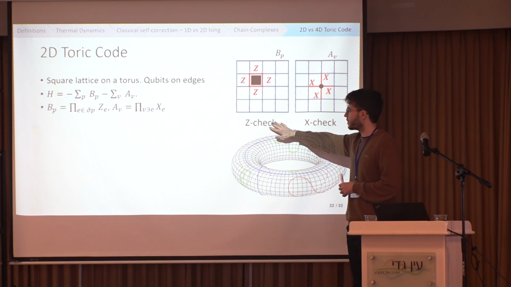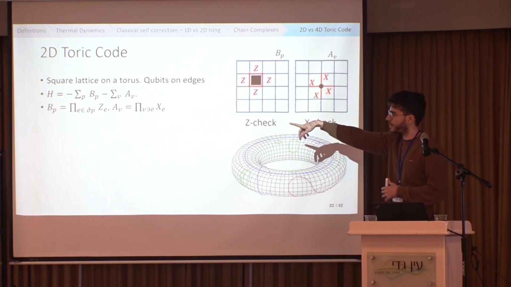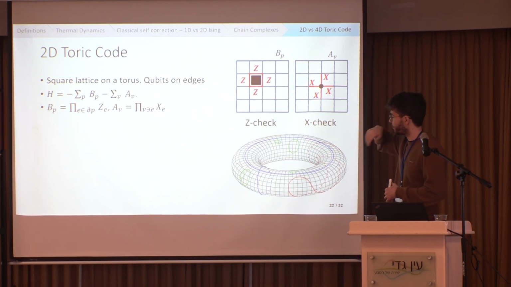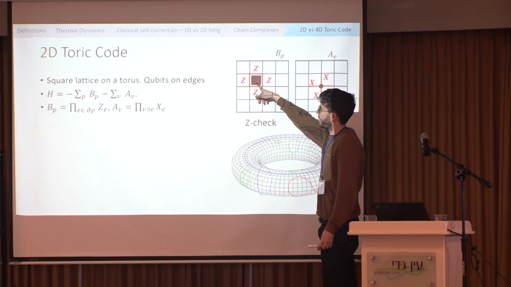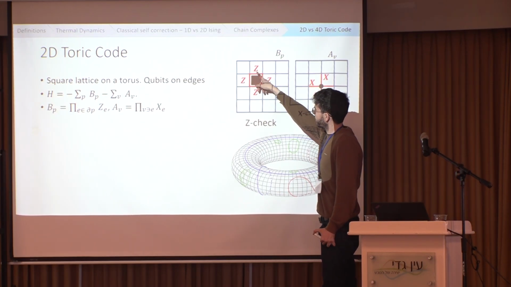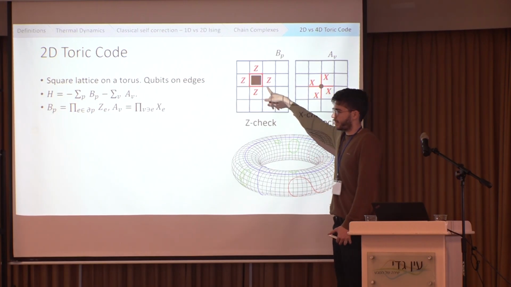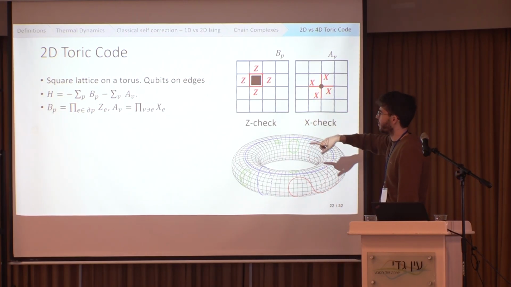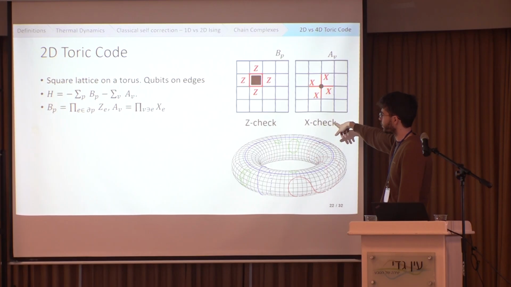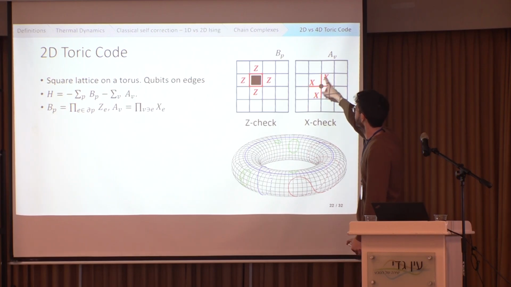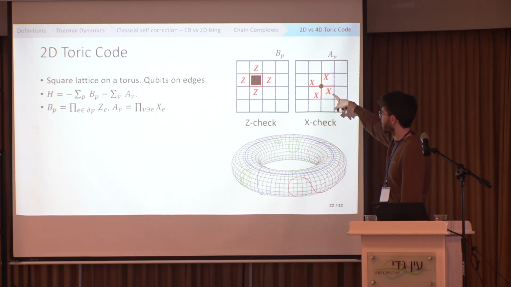We have Z-checks, which are the B_p terms. We take a plaquette and take the Z product of the four edges around the plaquette, and the A term, the X check, is the product of the X of the four edges around a specific vertex.